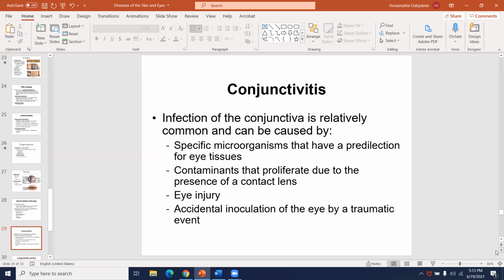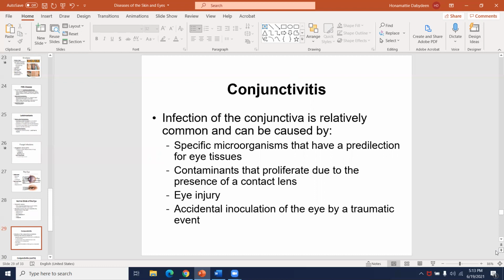Conjunctivitis, inflammation of the conjunctiva, is a relatively common occurrence. A lot of organisms have a predilection for eye tissue.